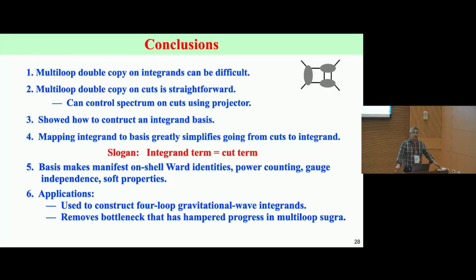Yeah, thank you. It's fascinating work. Can I ask you, is it possible now in retrospect, using this technology, to see what is the obstruction with the double copy at five loops without doing the whole calculation? No, I don't think so, because what we did was we sidestepped the problem so completely we don't see it. The problem, in a sense, is not the double copy, it's the color kinematics.